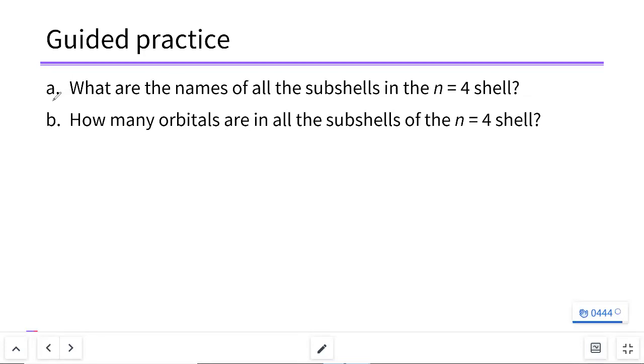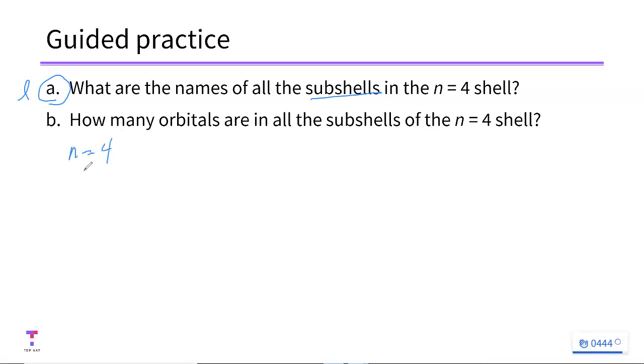To answer this question, we have to know all of the possible values of L, because L gives us the subshell. So if n is equal to 4, the possible values of L can be 0, 1, 2, and 3.